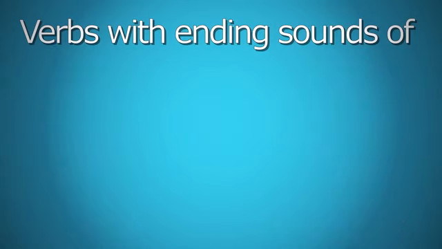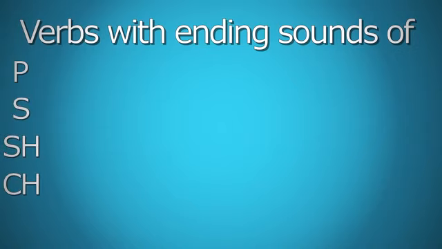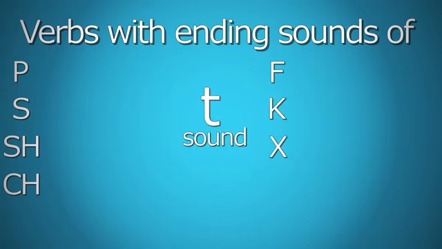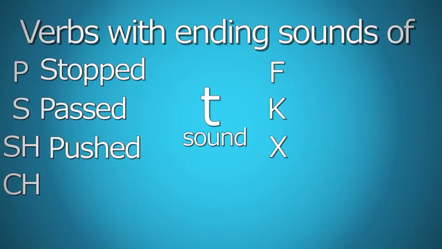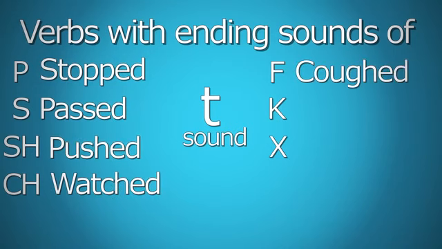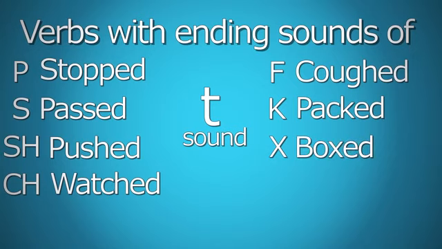Verbs that end in a P, S, SH, CH, F, K, or X sound have a T sound for the ed ending. For example, stopped, passed, pushed, watched, coughed, packed, boxed.